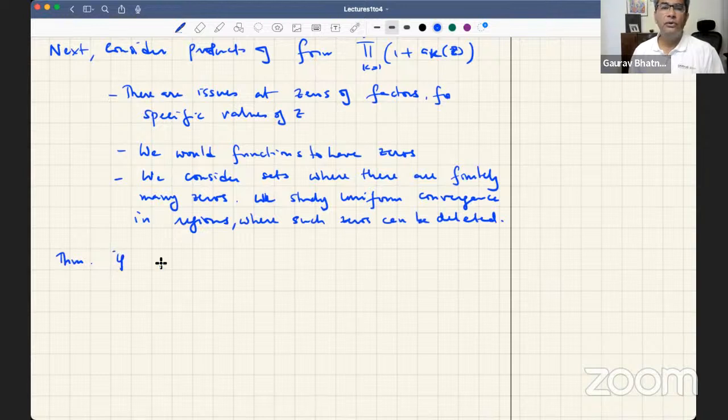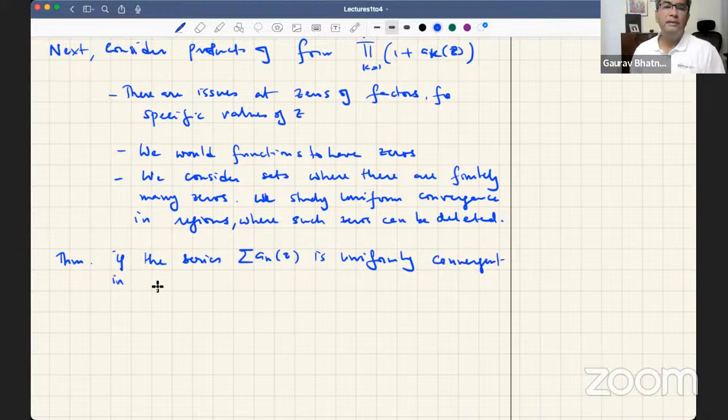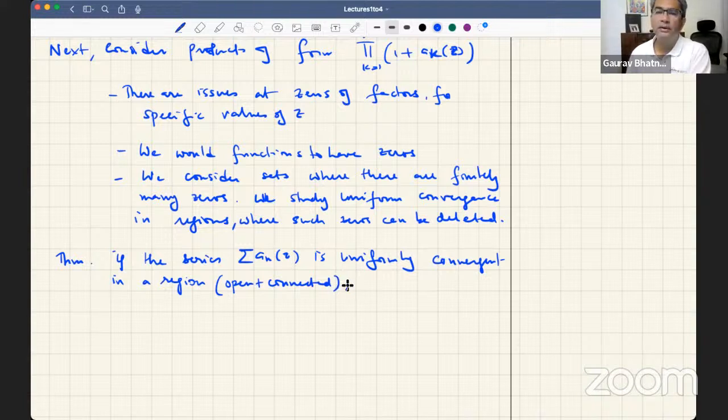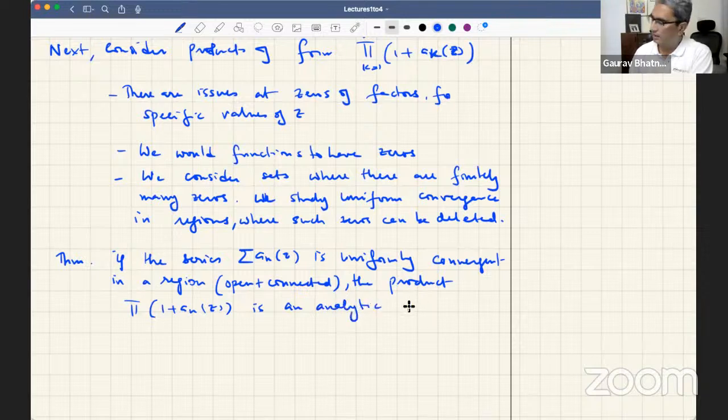That's all. So if the series summation a_n(Z) is uniformly convergent in a region, so region is, I mean, the usual region, open plus connected set, then the product of 1 plus a_n(Z) is an analytic function.